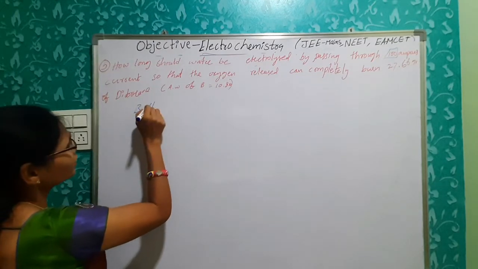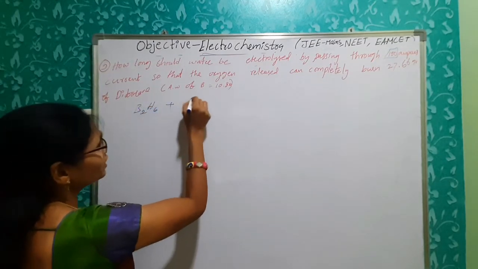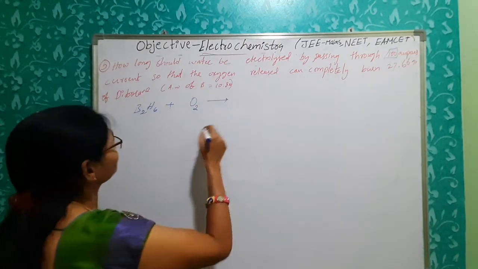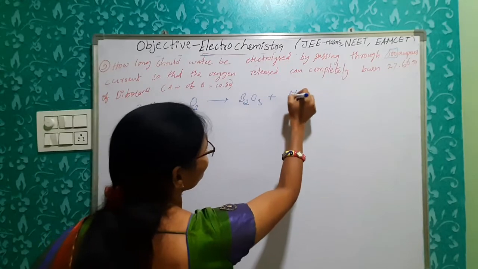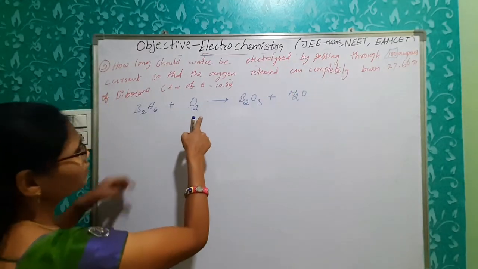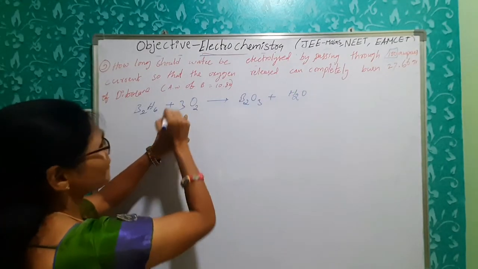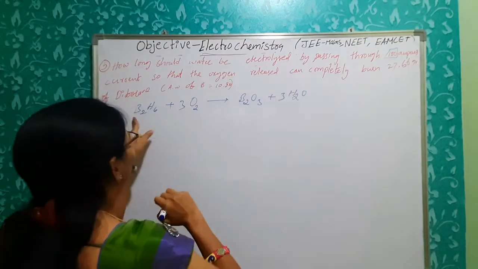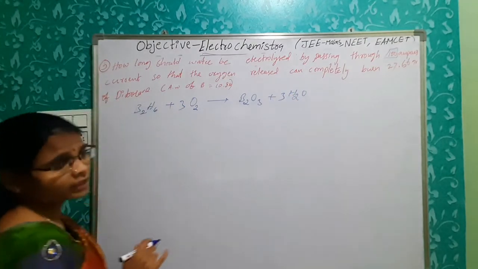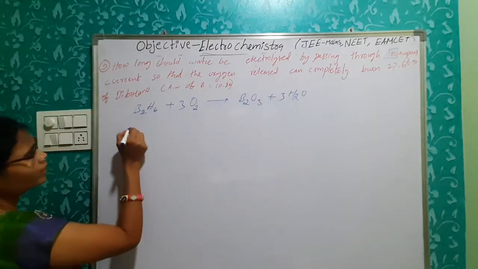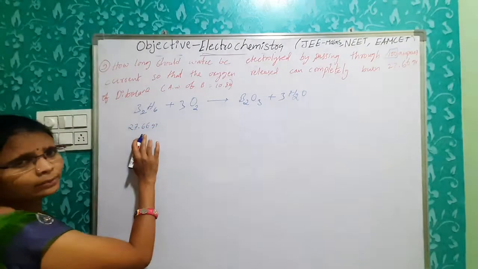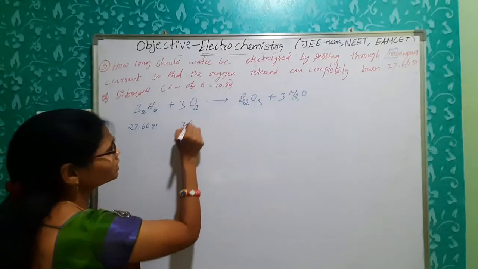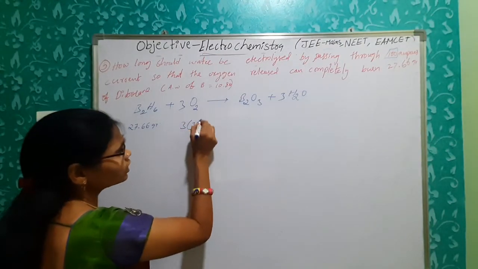Diborane, formula B2H6, completely burned in the presence of oxygen gives B2O3 plus water. Clear? Yes. See here, 27.66 grams of diborane is completely burnt by 3 moles of oxygen, meaning 3 into 32 grams.